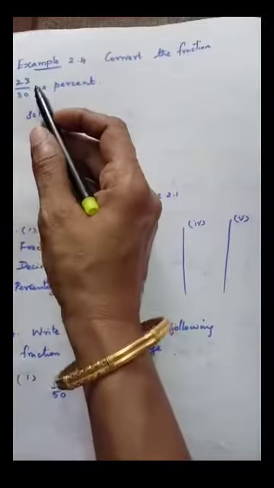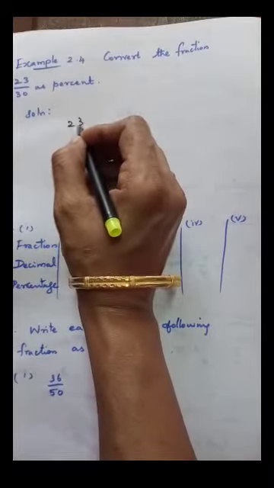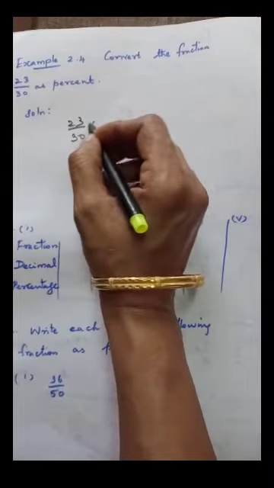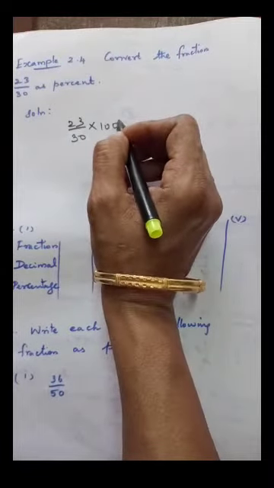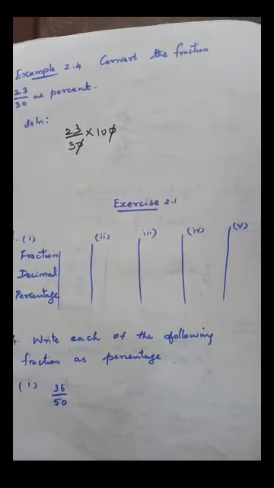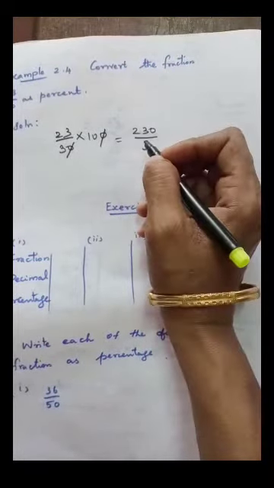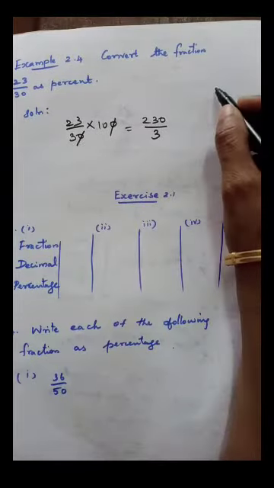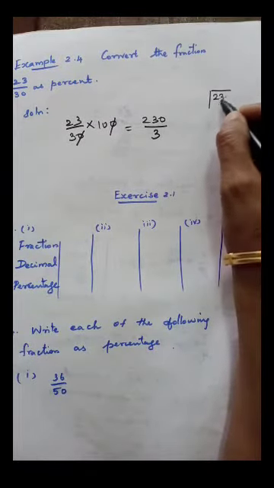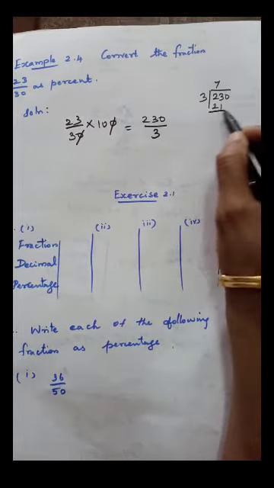Example 2.4. Convert the fraction 23 by 30 as percent. That is 23 by 30 into 100. Okay. Cancel the zeros. Then it will be 230 by 3, isn't it? Then you divide 230 by 3. 7 3s are 21, isn't it?